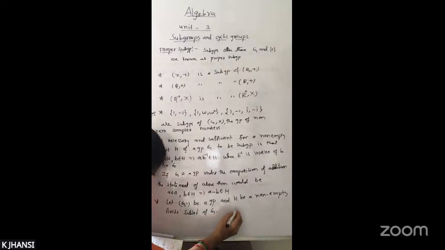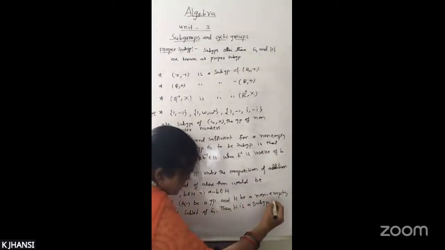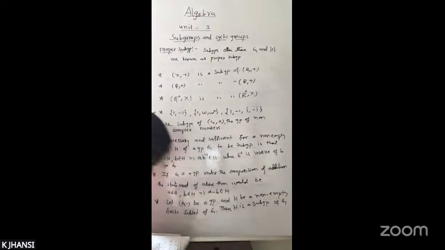Okay. Then H is a subgroup of G if and only if, okay, you know the symbol, this is a symbol for if and only if, A comma B belongs to H implies A dot B belongs to H. Okay, this is one more definition for the subgroup, when the given set is a finite set.